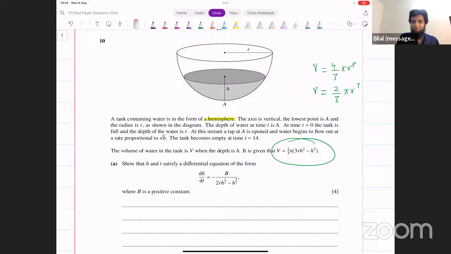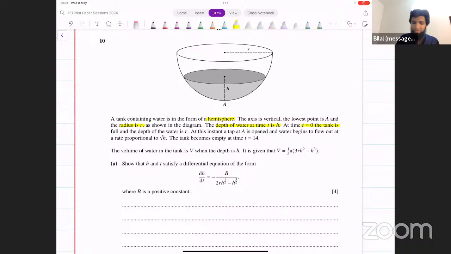They've actually given the volume formula in terms of H, not in terms of R. All right, we'll use that. The depth of the water at time t is H. That's another variable. So we've got H here as well.